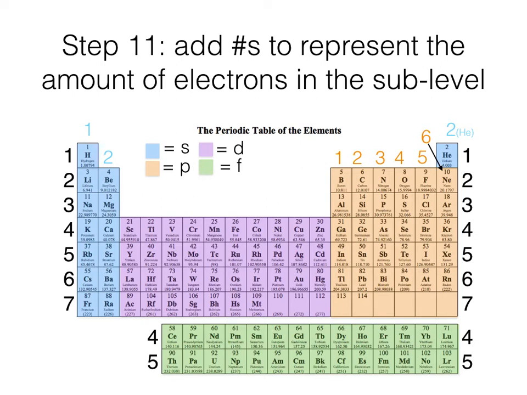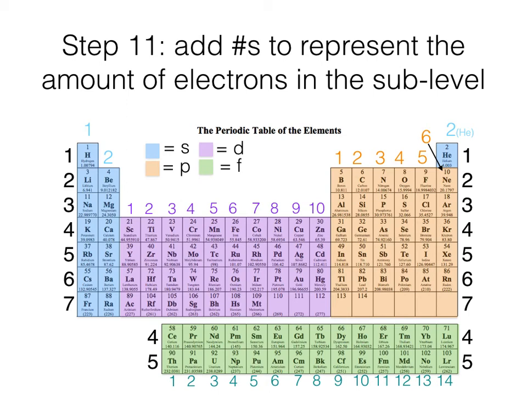Remember, P can hold 6 electrons, so that's 1 through 6. And just a note, that 6th one is neon, number 10, and down. You want to do the same thing with the D block, so that's 1 through 10 there on the D block. And finally, we're going to add 1 through 14 down below on the F block.